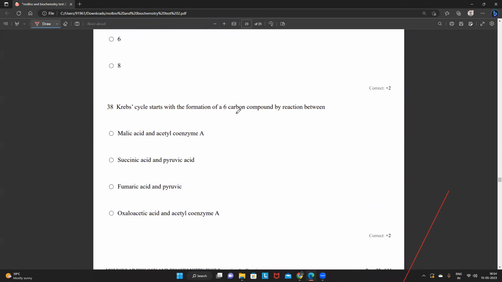Krebs cycle starts with the formation of a 6-carbon compound by a reaction between... First of all, what is the 6-carbon containing compound? Friends, every student remember, a 6-carbon containing compound we can call citric acid. We all know very well how citric acid is formed, by the combination of oxaloacetic acid and acetyl-CoA.